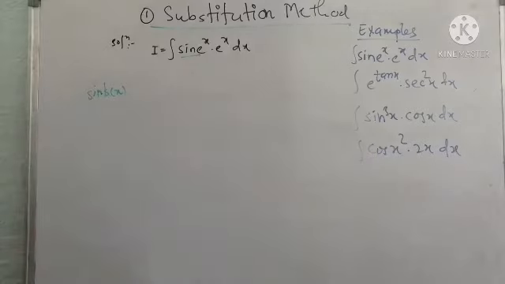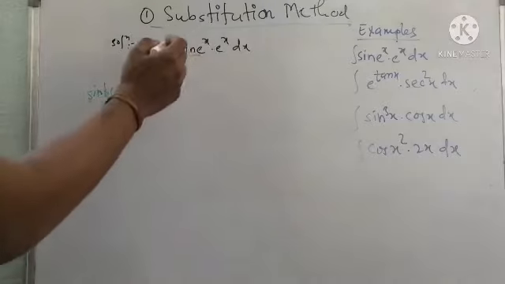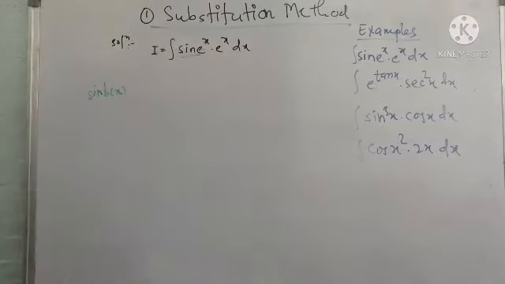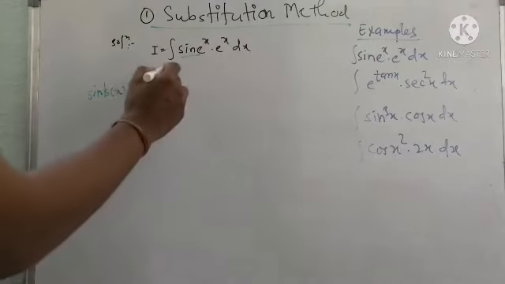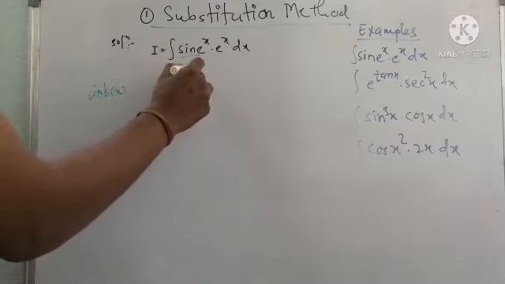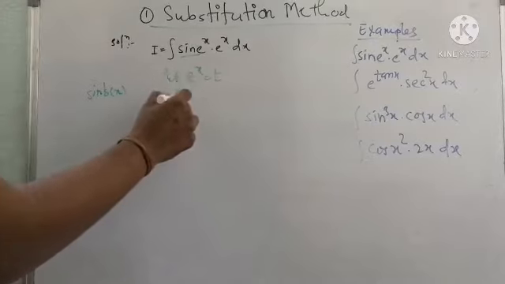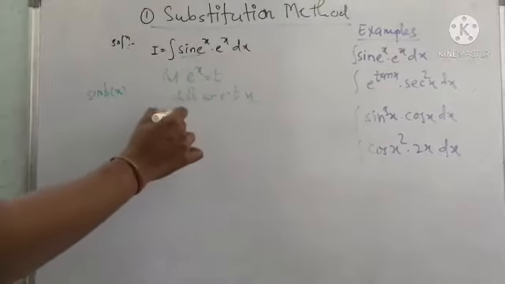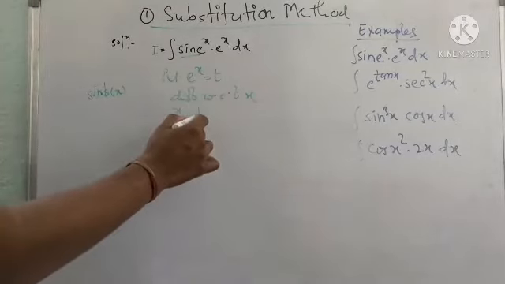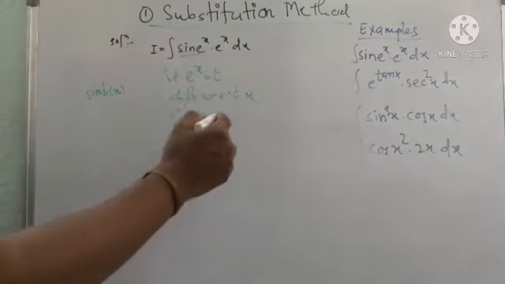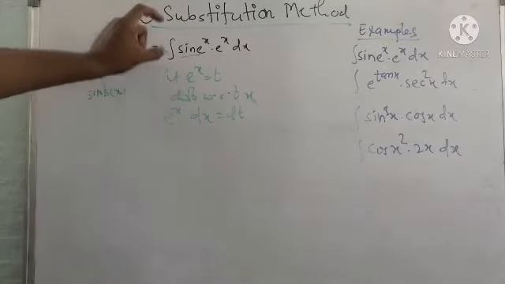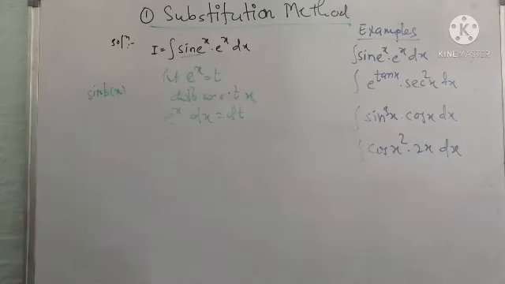Now in this composite term, the term of x is an exponential function, so here the term of x is e raised to x, so we put t equal to e raised to x. If we differentiate this with respect to x, the derivative of e raised to x is e raised to x, and we know this is the term of x, so it is multiplied by dx, and t has the derivative dt. If these two terms are put in the integration, then the value of integration does not change.